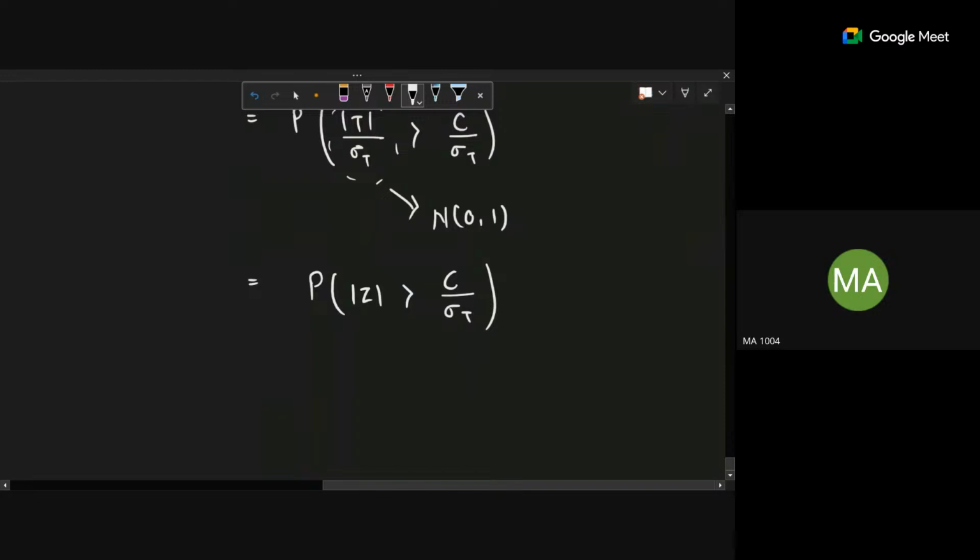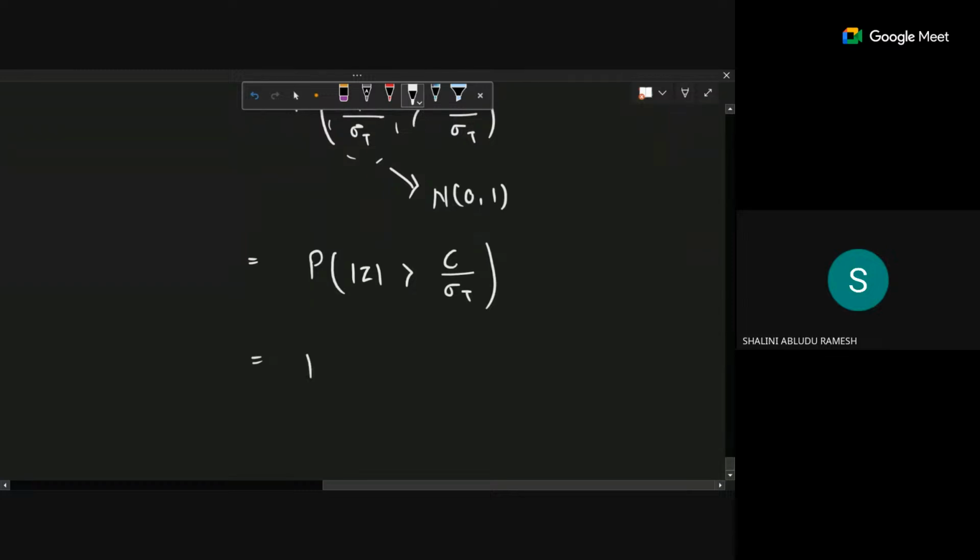Do we know anything? C is 0.4, ma'am, 1.6 minus 1.2, that is A bar minus B bar. Yes, it is given.